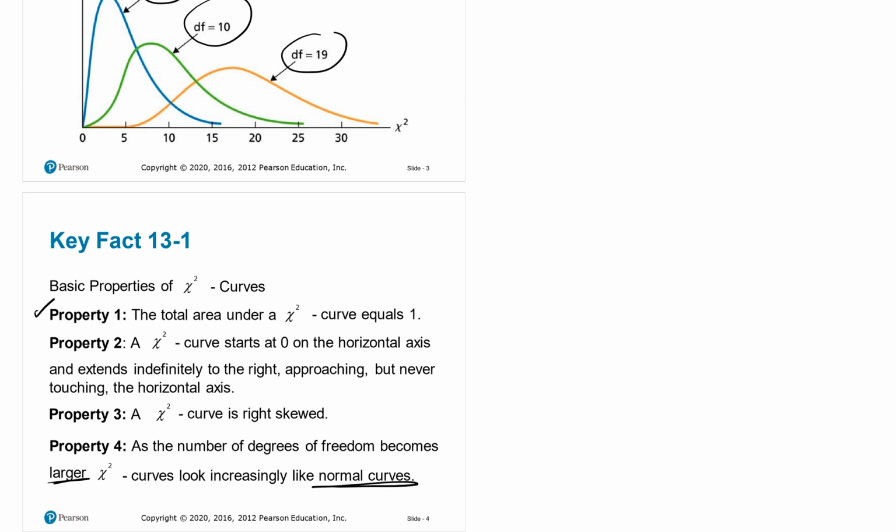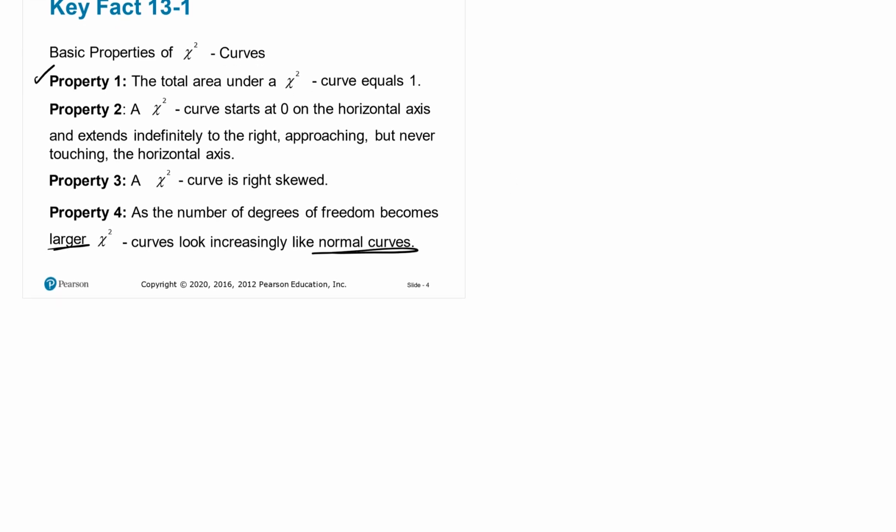The other thing we need to learn here is how to find the chi-square value corresponding to given information. We use table 7, and it's done the same way as we did in table 4 for the t distribution.